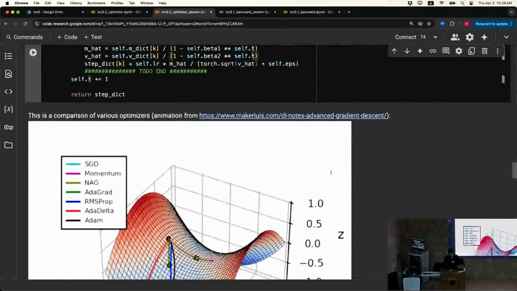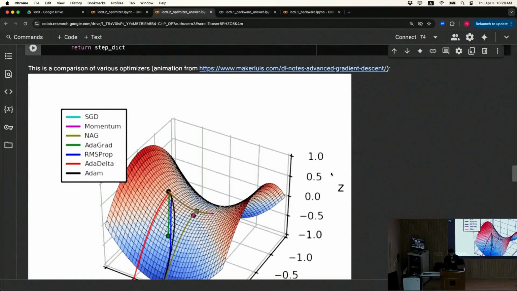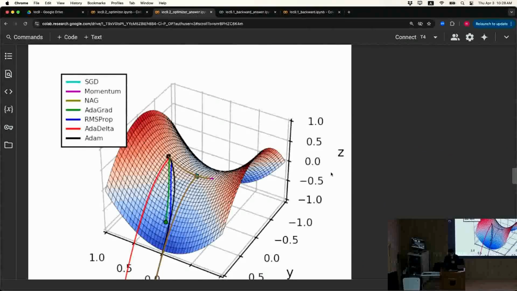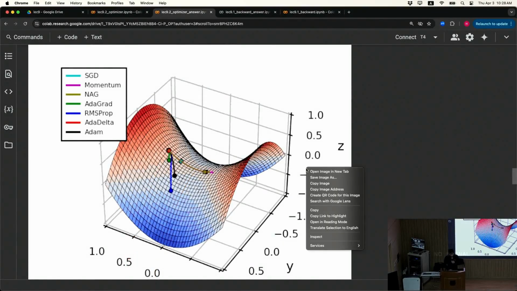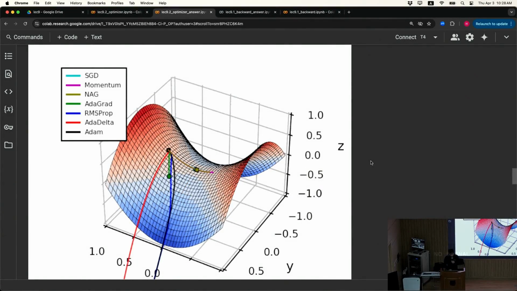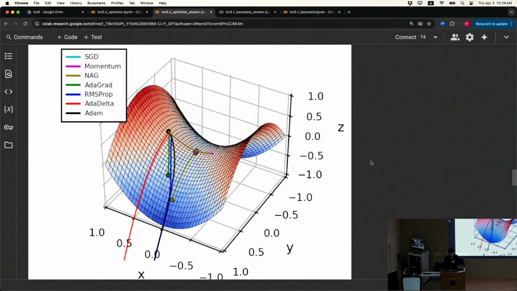Let's look at a visualization. This is an example running gradient descent from this point with all these different optimizers. You can see SGD got stuck in the saddle point here.